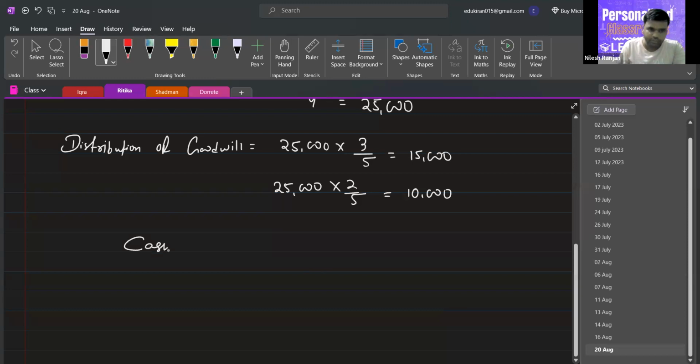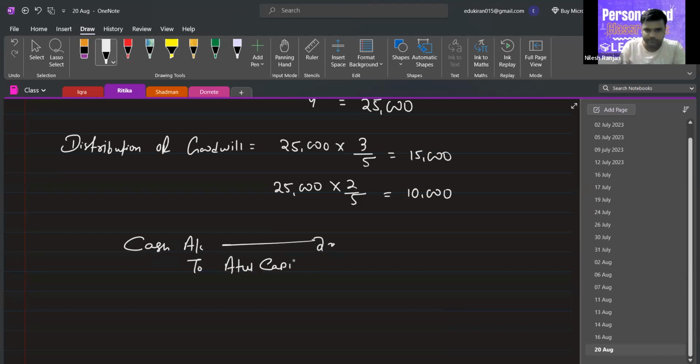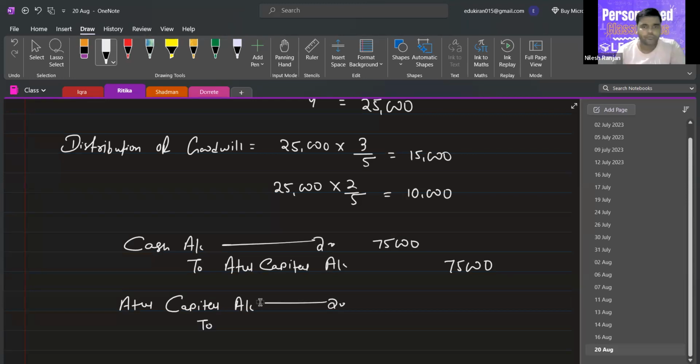It will be cash account debit to Atul capital 75,000, and then Atul capital account debit to Bhuvan and Shibam account.